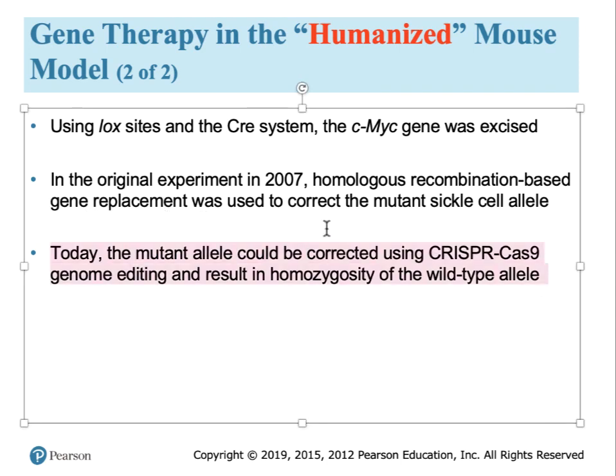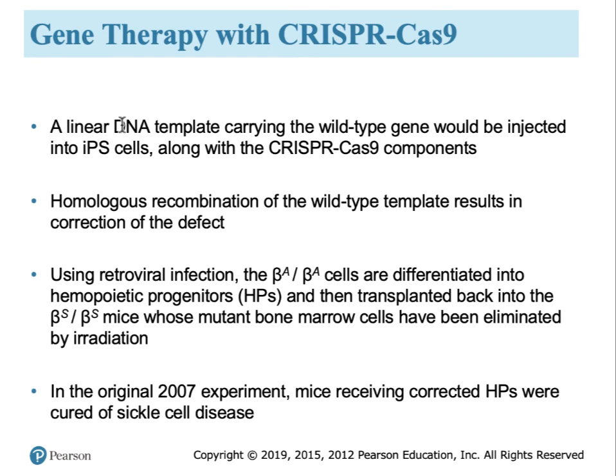Today we could do the same complicated experiment by simply employing CRISPR-Cas9, whereby in this 1, 2, 3 system, the linear DNA template carrying the wild type version of the gene, number 3, will be injected into iPS cells along with the CRISPR, number 1, and the guide RNA, number 2, components.